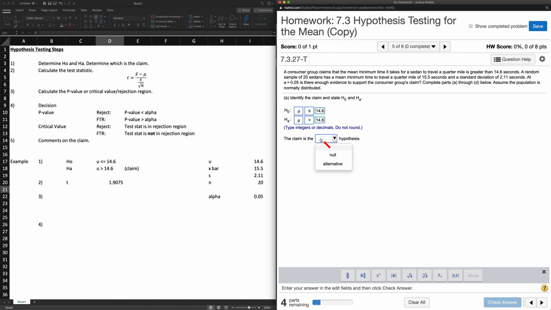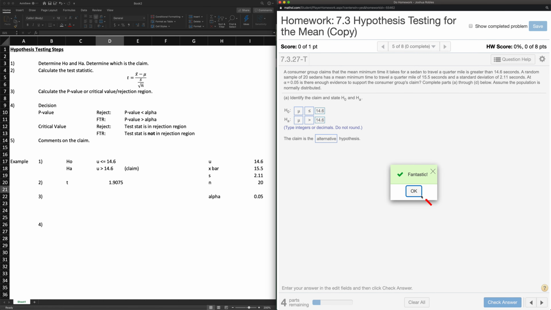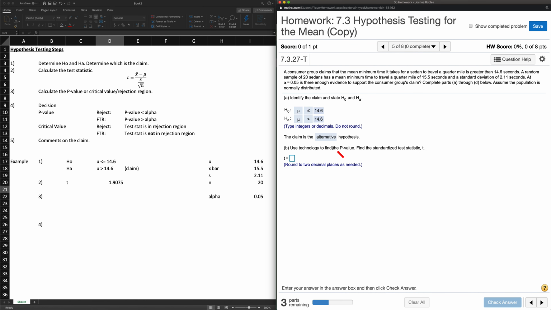And the one being claimed by this consumer group is the alternative, that it is greater. Right, we found the test statistic, the t-score for this problem. We want to round it to 2 decimal places, so it'll be 1.91.